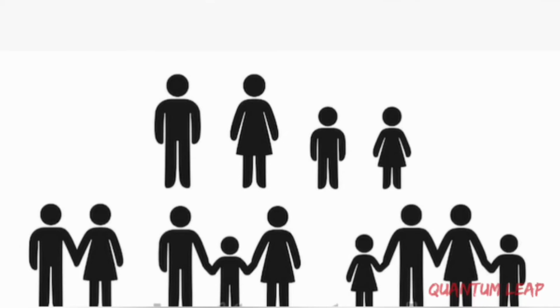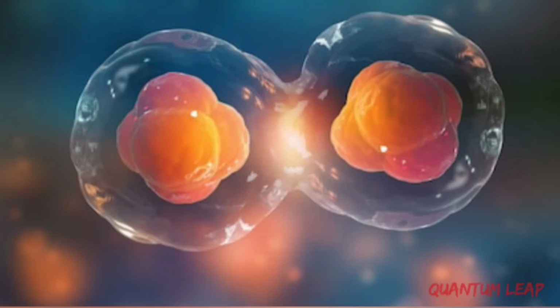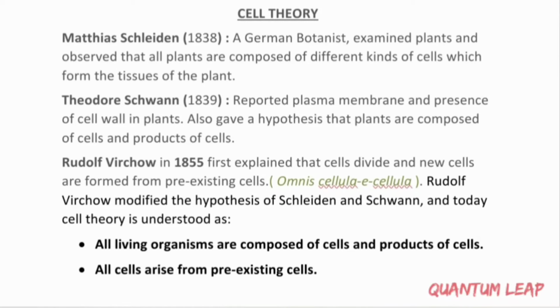Obviously you are a human and you came from your parents. They are also human. So you are a human that came from a pre-existing human. Likewise, cells came from pre-existing cells through division, and this whole theory was summarized in one single phrase: omnis cellula e cellula.